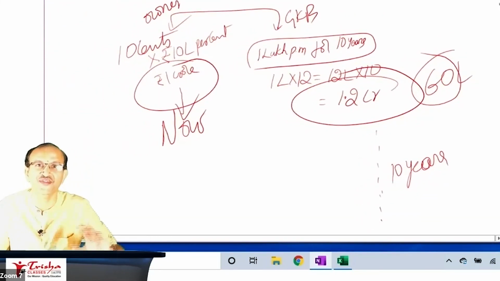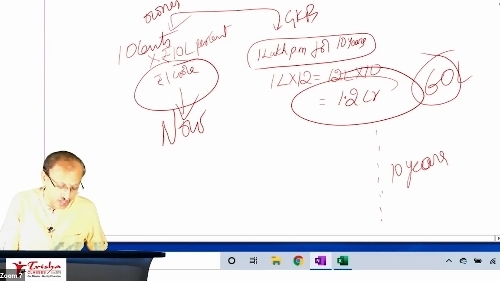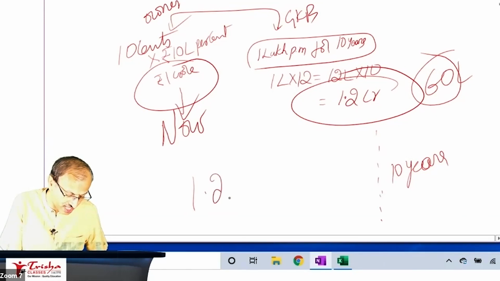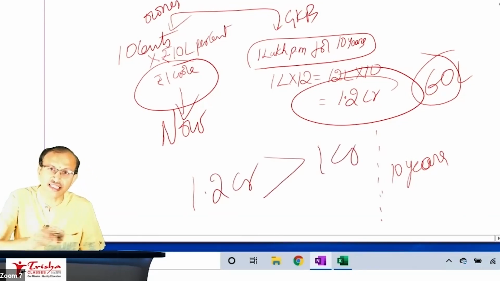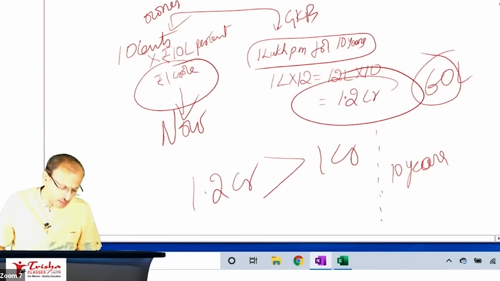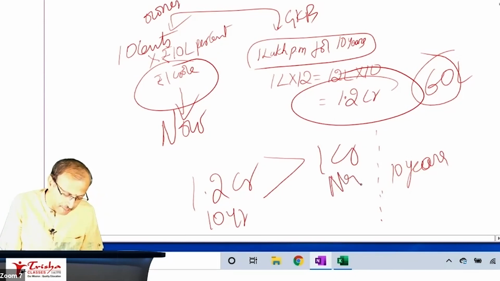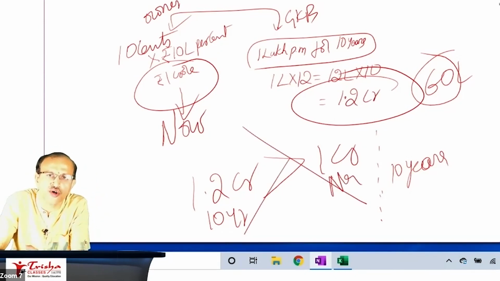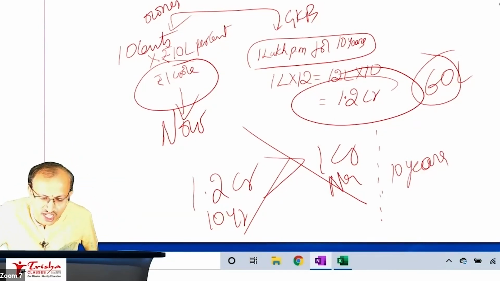So if it looks to you, sir, that 1.2 crore is greater than 1 crore, that is definitely wrong. That is simple number computation. 1.2 crore in 10 years and 1 crore now, the comparison is completely wrong. You cannot compare today's 1 crore with what you are going to pay over the next 10 years, 1.2 crore.